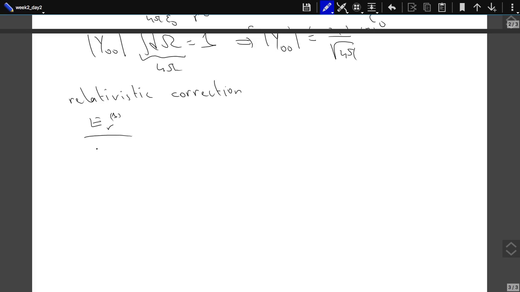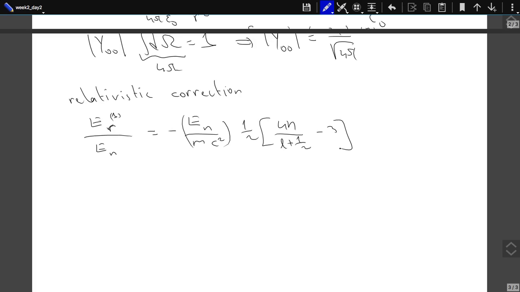E_R^1, the first correction relative to the energy E_n, is equal to minus E_n over mc squared times 1 over 2, 4n divided by (L plus 1/2) minus 3.